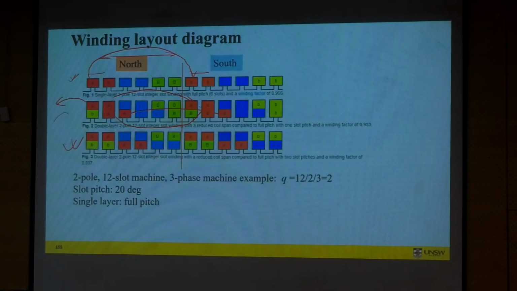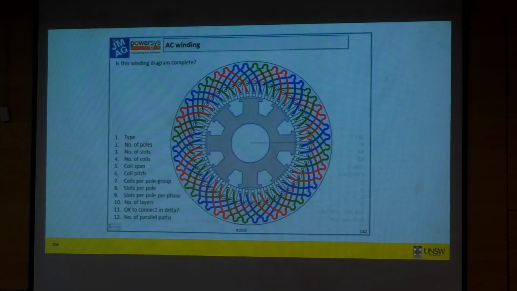So if we have short pitching, we will definitely have a Kp, the pitch factor, not equal to 1 in our winding factor. So we can calculate this pitch factor from the slot angles.